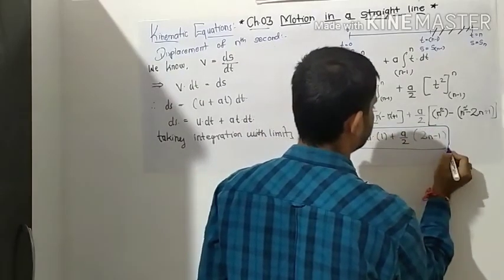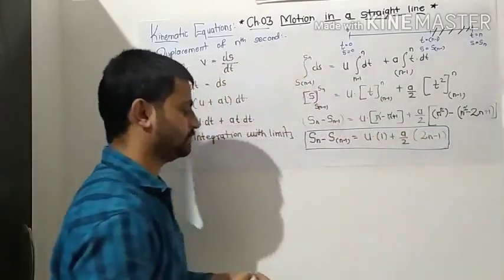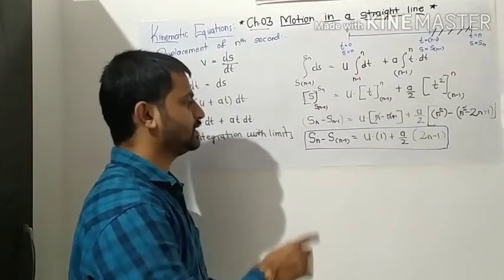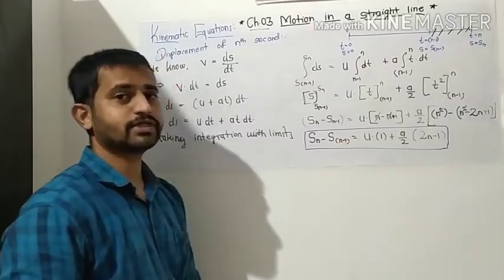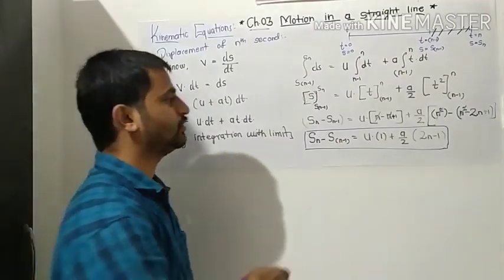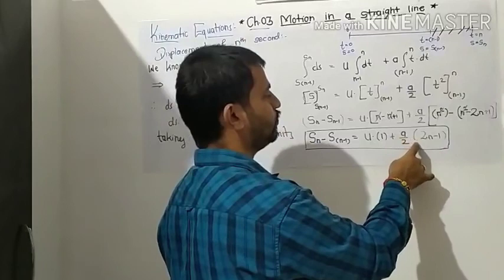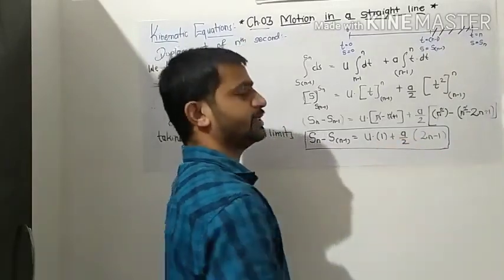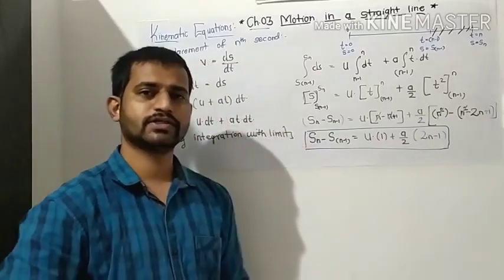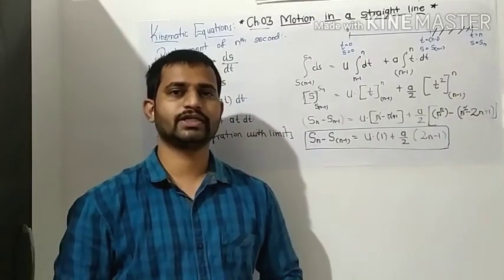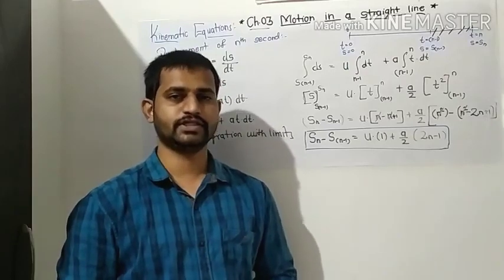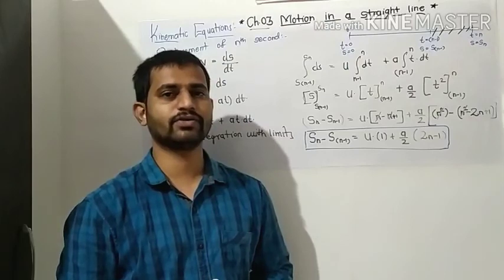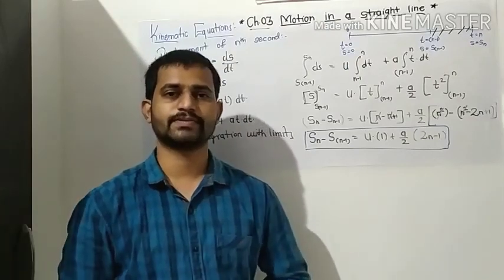The displacement in the nth second, s suffix n minus s suffix n minus 1, is equal to u plus a by 2 into twice n minus 1. This is the displacement equation for the nth second. By using the method of calculus, we can find such expressions also.